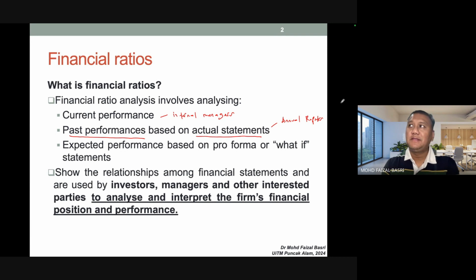So maybe expect it to be released in May or June at the earliest, for the year 2023. So as of now, April 2024, the most recent data we can access is probably only from the year 2022, based on the actual statements.